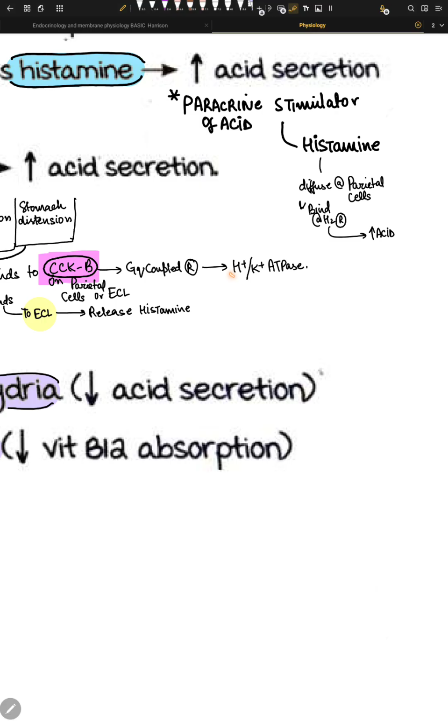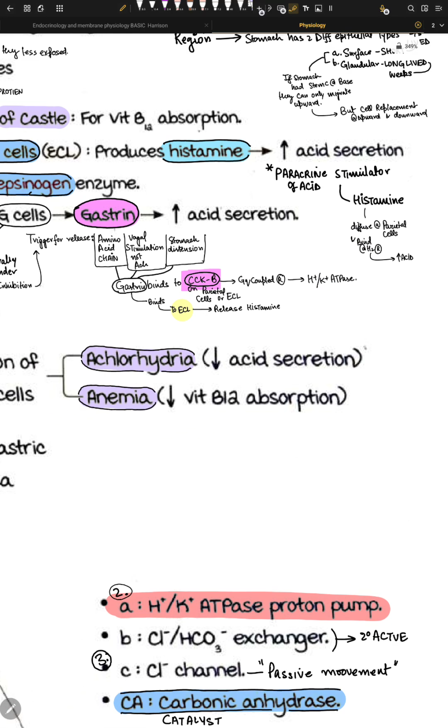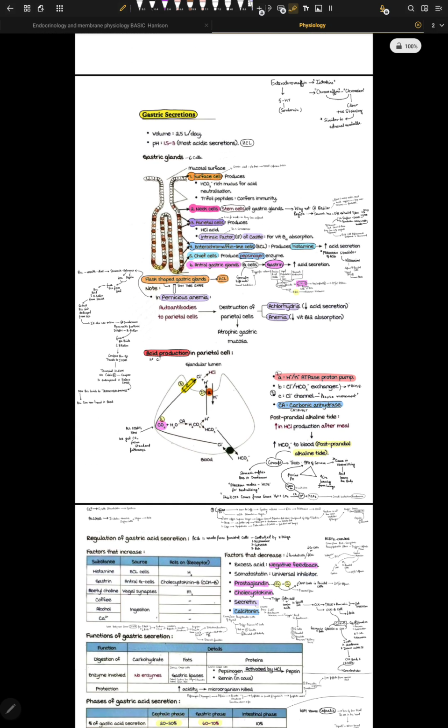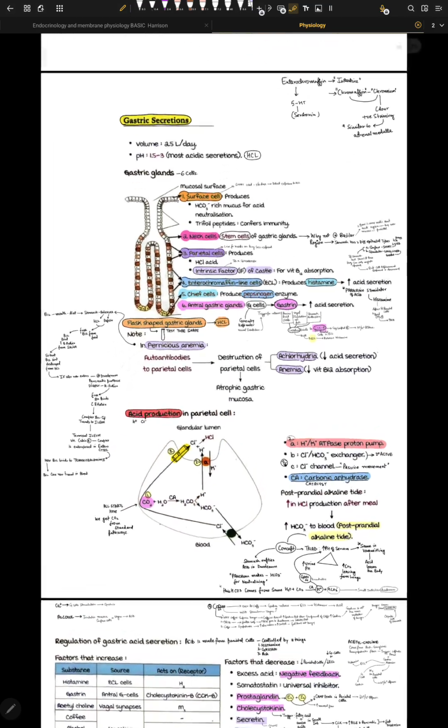Now this pump called H+/K+ ATPase is responsible for the formation of acid. Usually what happens is that these H/K ATPases make acid. Just remember that right now, okay? We'll talk about this whole thing later on because we have this acid production on our way.